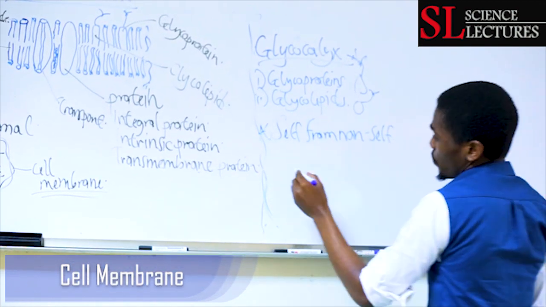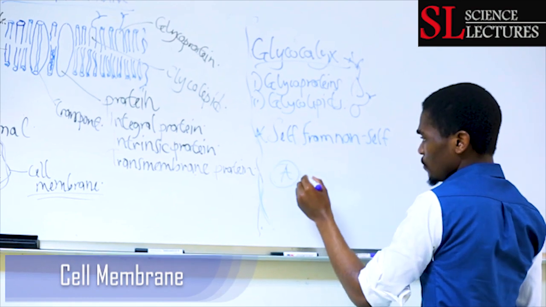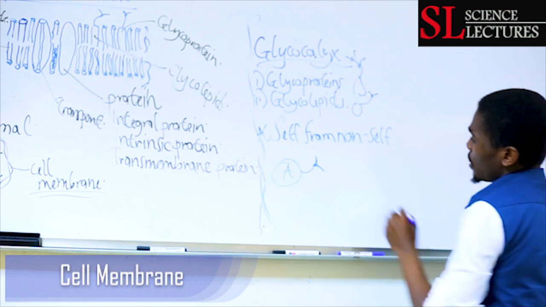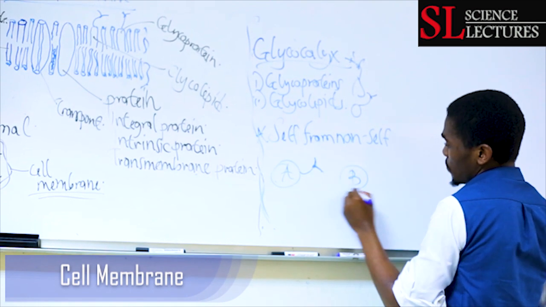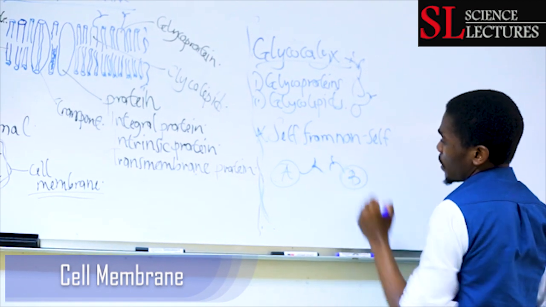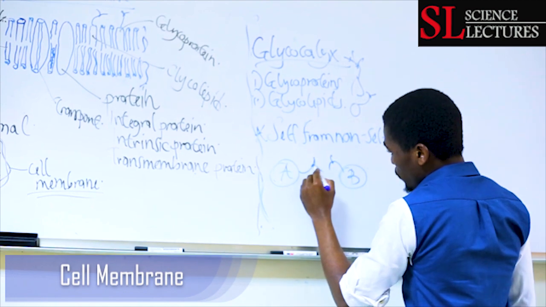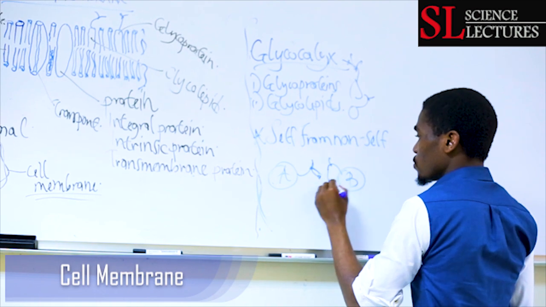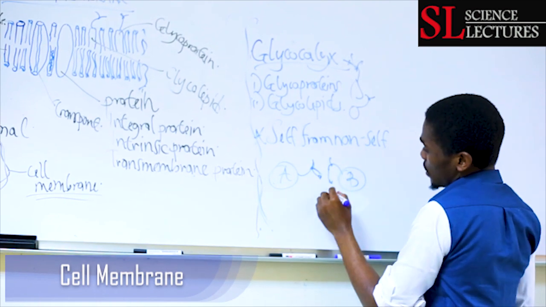What do I mean? Let's say we have cell A, and it has that specific region of the glycocalyx. Then we have also cell B that has that region of the glycocalyx.